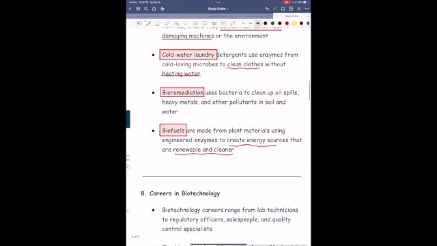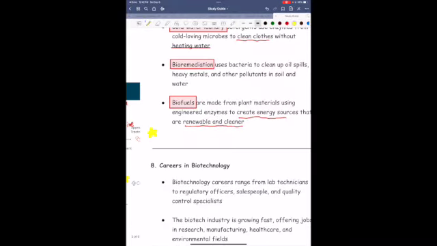So let's do a base reminder, a key thing to look for on the test: if something says bioremediation, think that cleans waste, and biofuel makes energy.